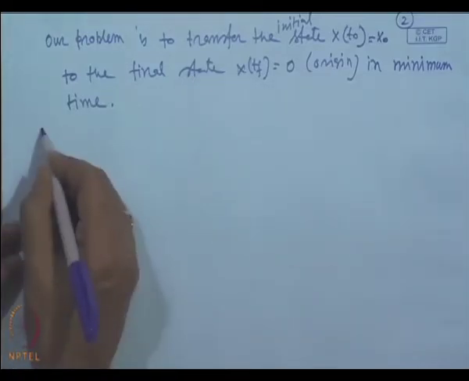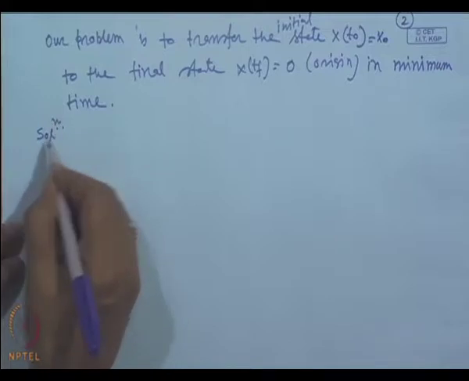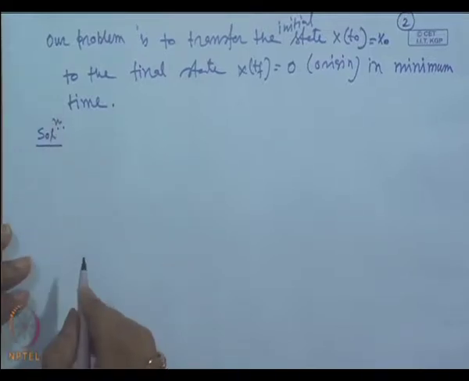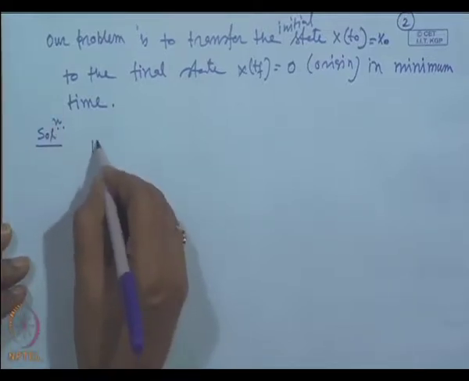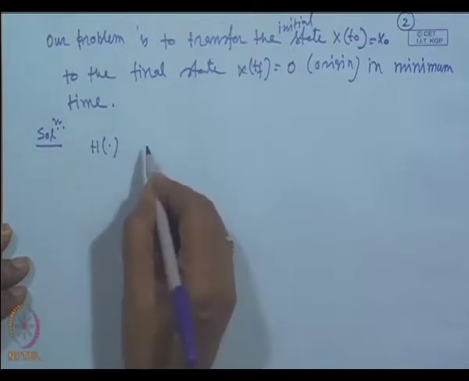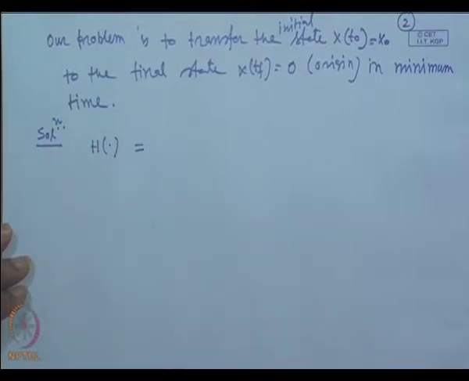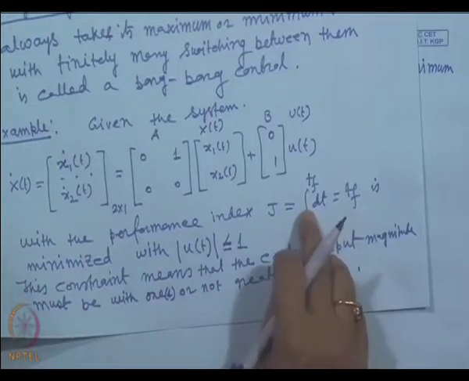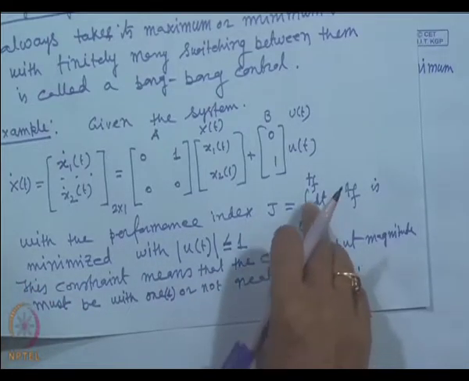So, the solution of the problem, if you follow what we discussed last class: first you form a Hamiltonian. In our performance index, the integrand is 1, the coefficient of this is 1.